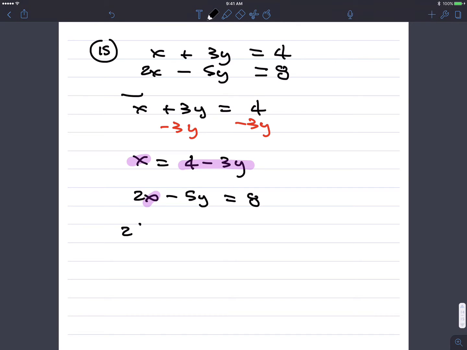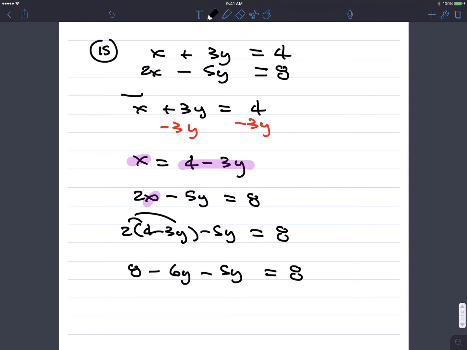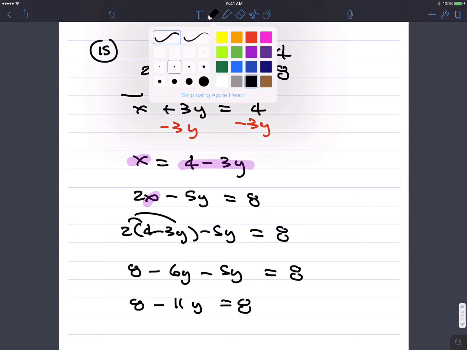We get 2 now times 4 minus 3y. We have to put this in parentheses. Don't forget there's a minus 5y there. And now we get to distribute. 8 minus 6y minus 5y is 8. 8 minus 11y is 8.